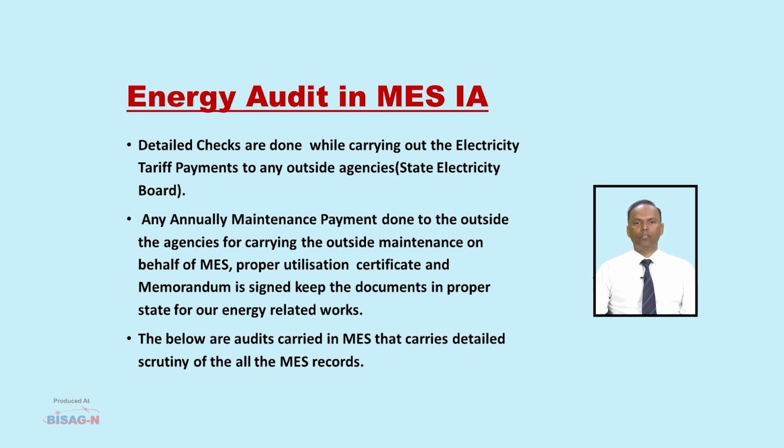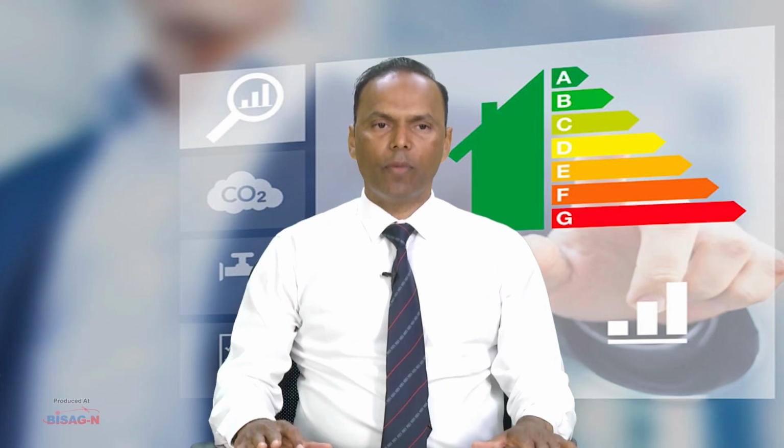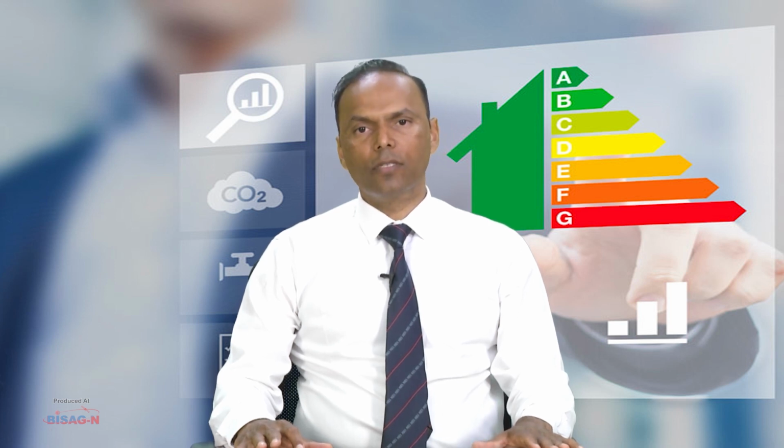So proper utilization certificate and memorandum are signed, and these documents are also audited, giving the benefit of energy saving for the installation. There are garrisons where the MOU is signed, for example, for 2 MVA and electricity drawn is only 1.5 MVA. So why should a garrison pay an additional penalty for that 0.5 MVA?